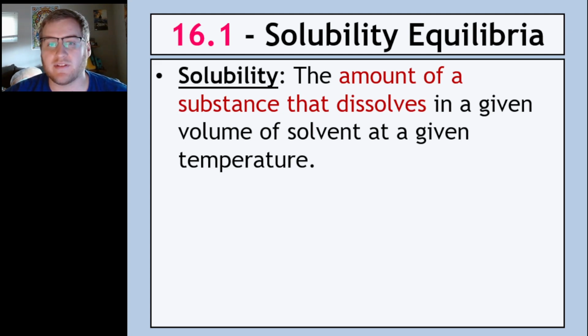If the solubility of something is way less than that, say the solubility of lead chloride is like 0.002 molar, that means I can dissolve 0.002 moles of it in every 1 liter. Okay? That's kind of what we mean by solubility. How much stuff will dissolve into a given amount of solution.